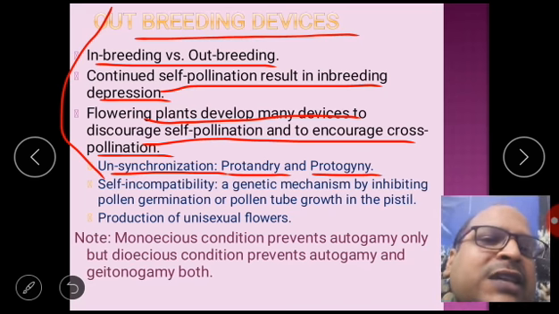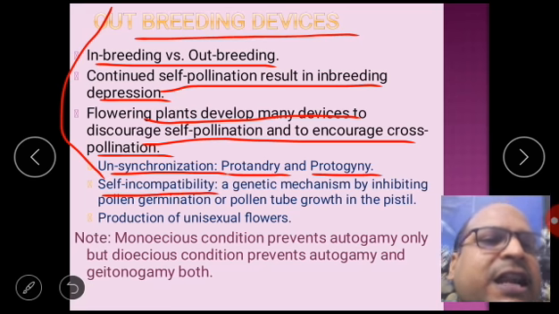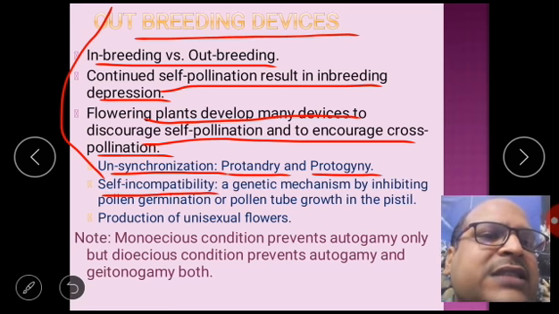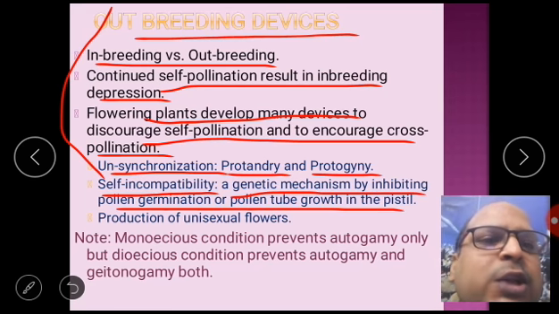Now, the second device is self-incompatibility. Dear students, it is a genetic mechanism that inhibits pollen germination or pollen tube growth in the pistil. So here two things are important.